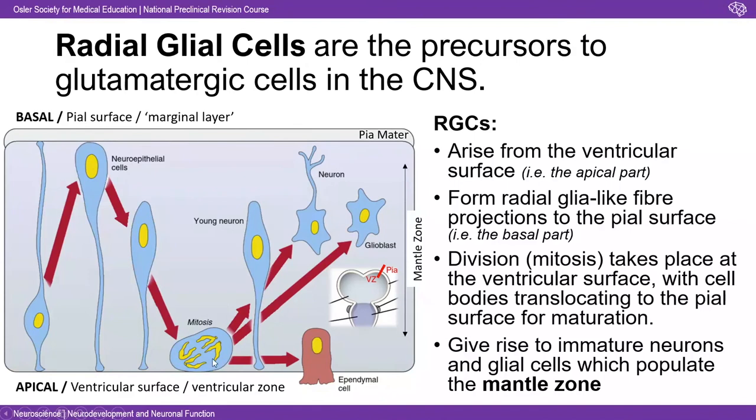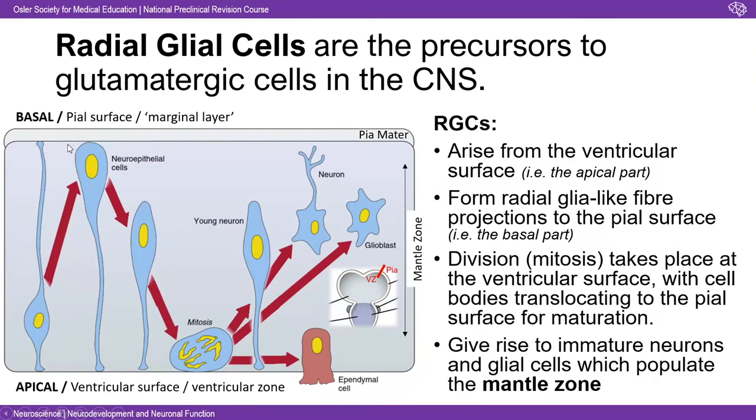So what's the mechanism for neurogenesis? Well, we get these radial glial cells, which are the precursors to glutamatergic excitatory neurons in the central nervous system. They undergo mitosis in the ventricular zone, and they also do this really interesting thing, this nuclear translocation, which is where their nuclei translocate from the ventricular zone up to the pial surface for maturation.